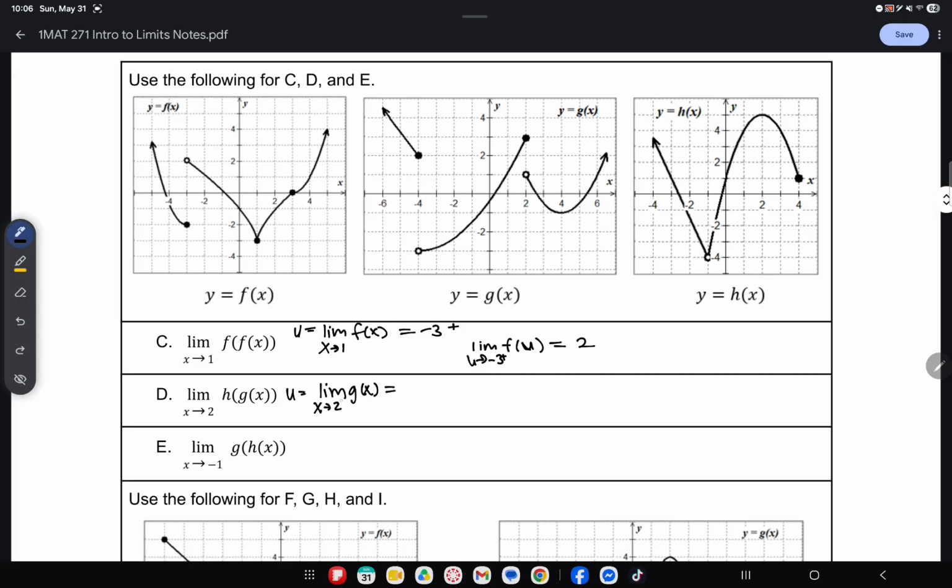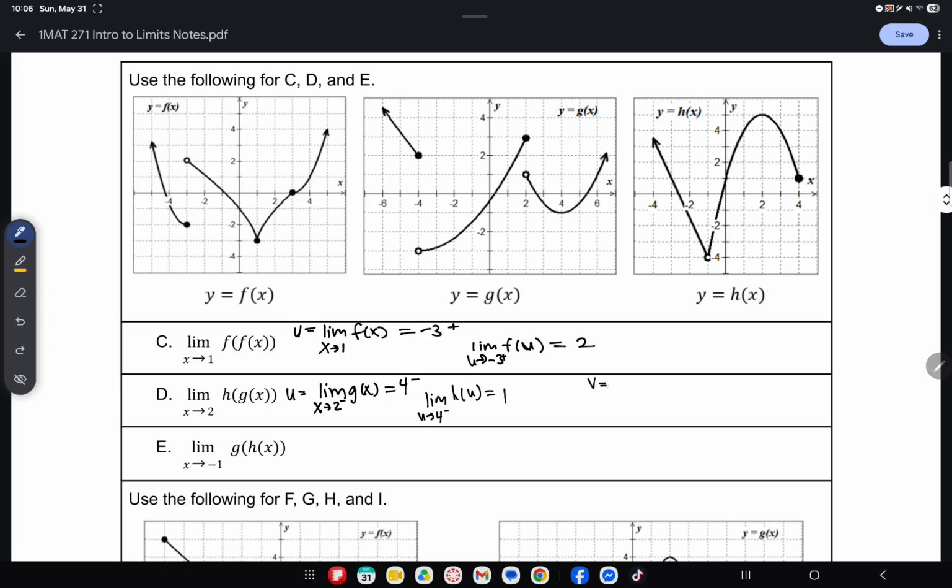So 2 from the left is 4, and then it's from below. So if I do the limit as u approaches 4 from the left for h, we get 4 from the left would be 1.